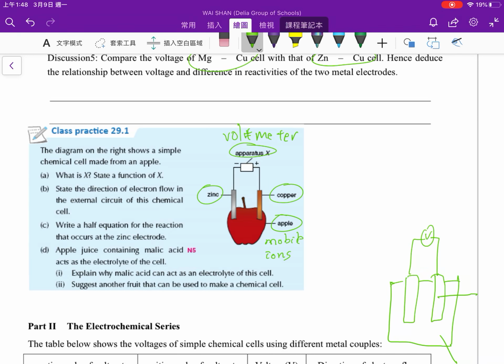If the voltmeter gives a positive value, that means the metal connected to the negative pole will be the negative electrode, and the metal connected to positive will be the positive electrode.